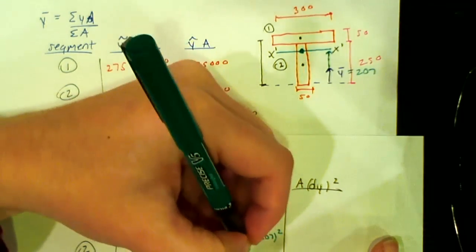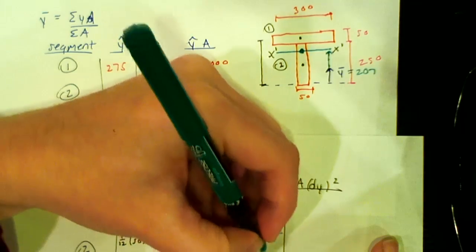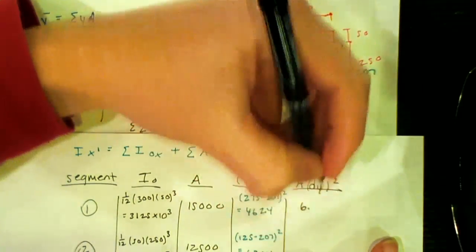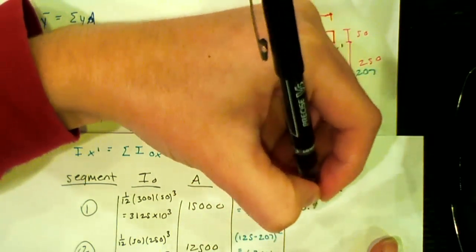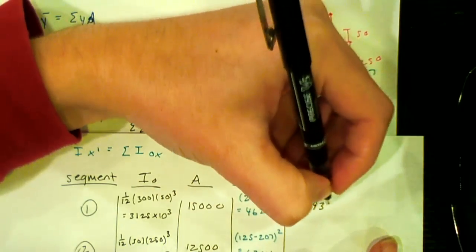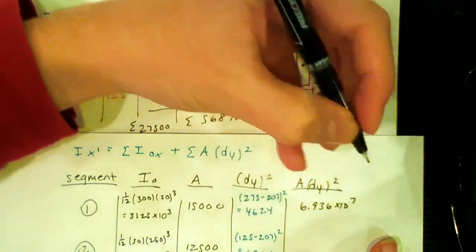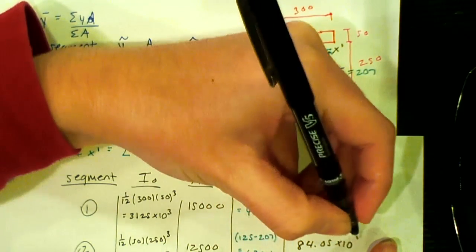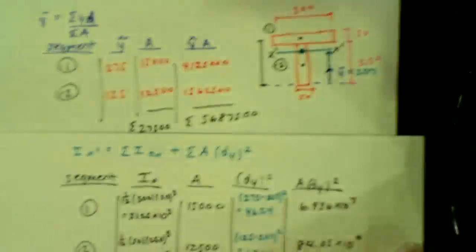So this is 6724. Multiplying those values by the areas, we get more large numbers: 6.936 times 10 to the 7, and then 84.05 times 10 to the 6.